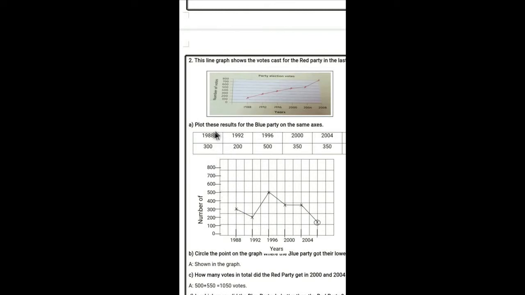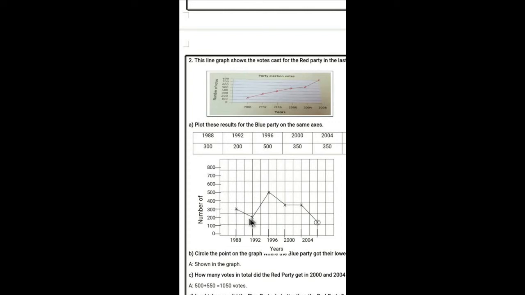Before drawing this, you can follow the red one. Years are along the bottom and the numbers on the left. So I have done the same thing here. In 1988, it's 300. I have taken 300 and marked it here. My picture is not showing clearly, but you can see in your copy, 300 exactly over here I've given.